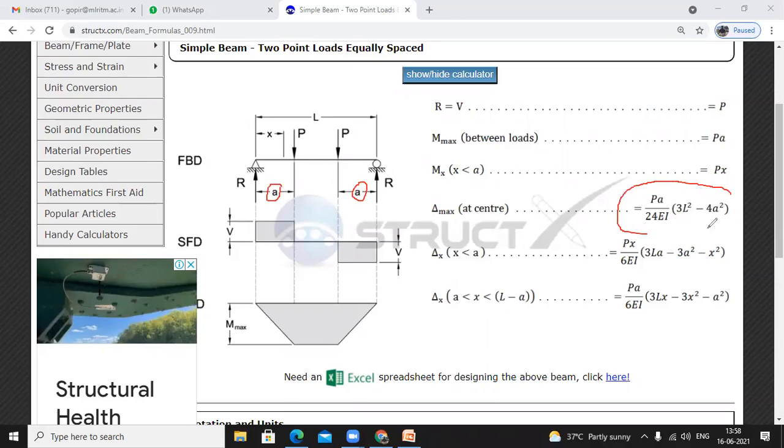Please note down this formula. In the book, it is not available. So P into a divided by 24 EI into 3L square minus 4a square.